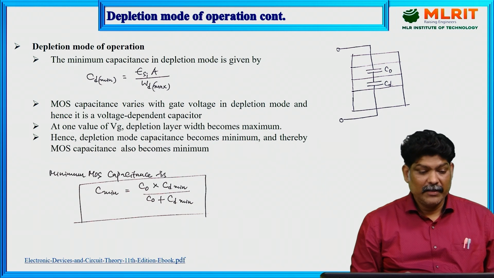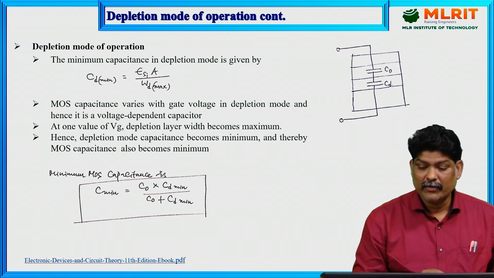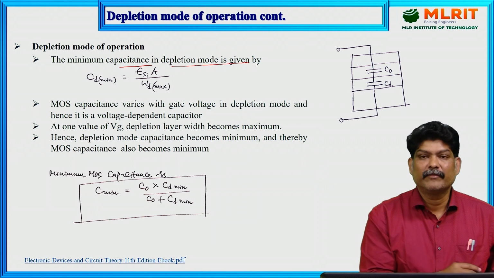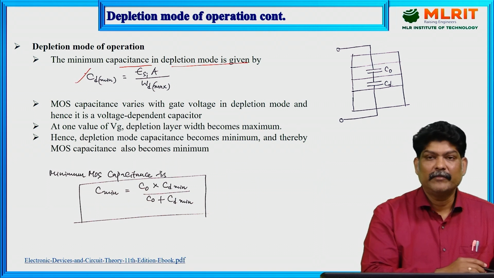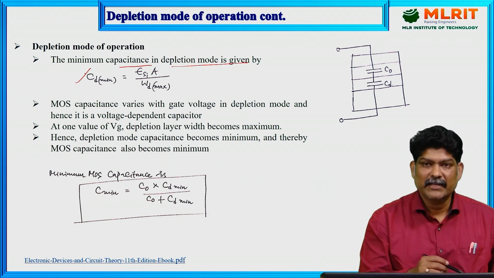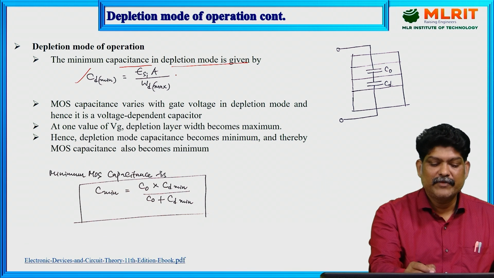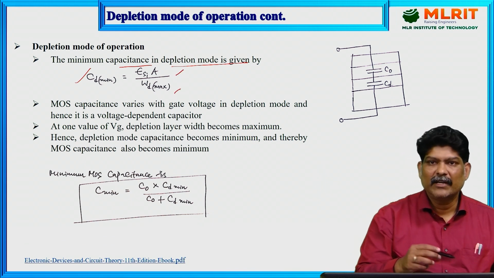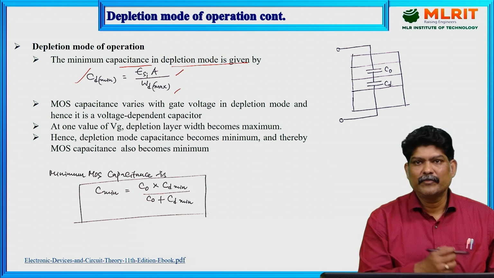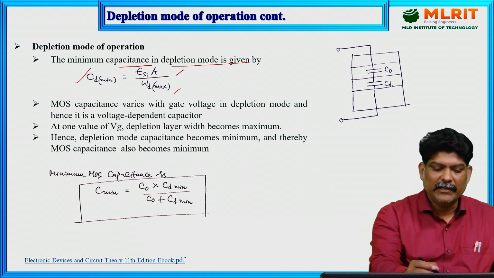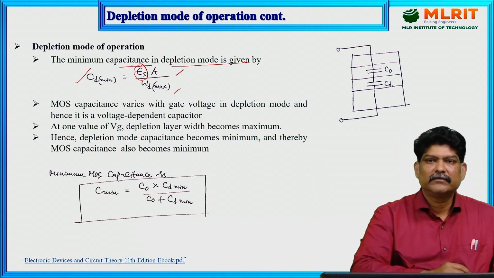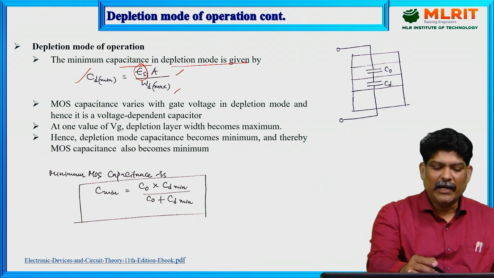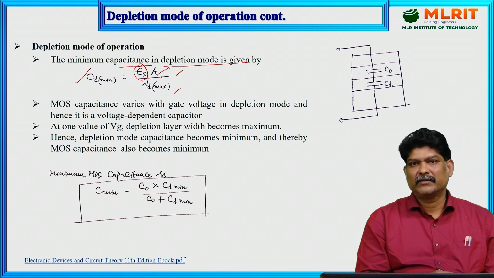In depletion mode of operation, we can also say that the minimum capacitance is given by CD minimum. Minimum depletion capacitance is given by epsilon A by WD maximum, where WD maximum is the maximum width of the depletion region, epsilon is the silicon material constant, and A is the area of the oxide layer.